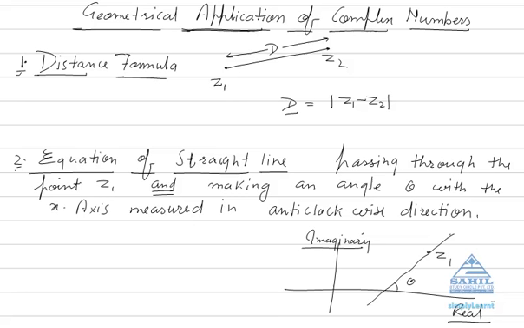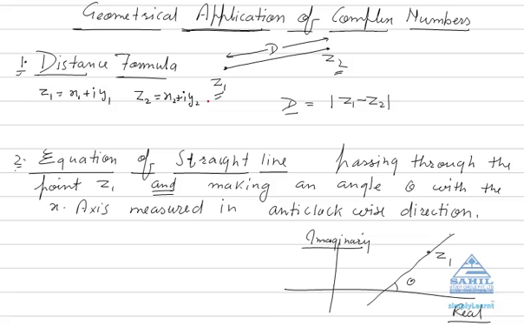Now if this point is z1 and this point is z2, then the distance between them will be the modulus of z1 minus z2. How? Suppose z1 is x1 plus iota y1 and z2 is x2 plus iota y2.